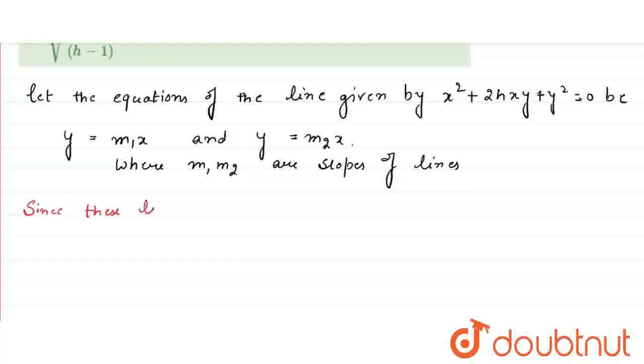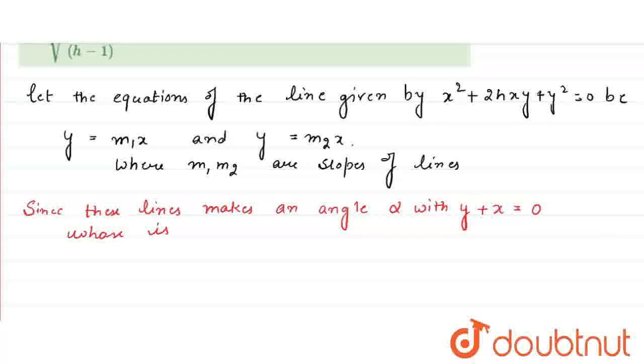Now, since these two equations of lines make an angle alpha with another given equation of line, and the given equation of line is this, whose slope is, and the slope of this equation will be what? Let me write it.